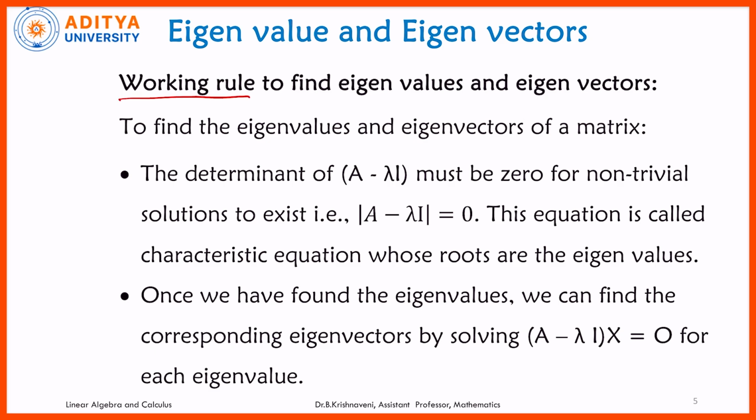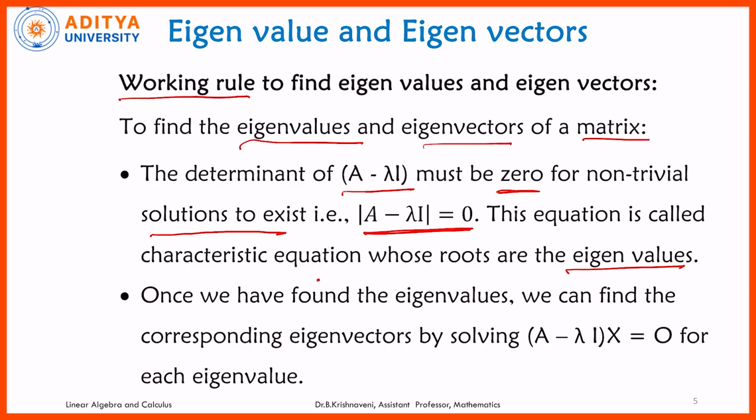Now, we will see how to find eigenvalues. What is the working rule for that? To find the eigenvalues and eigenvectors of a matrix, first consider det of A minus lambda I is equal to 0, since the system must have a non-trivial solution. This equation is called the characteristic equation, and its roots are the eigenvalues.